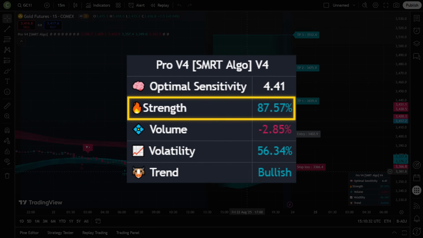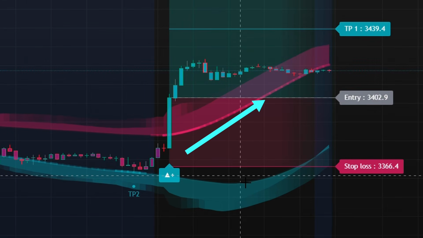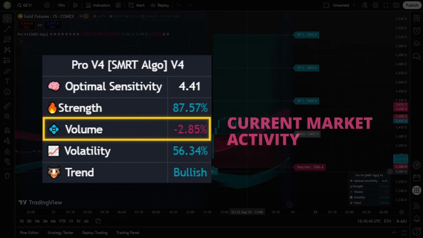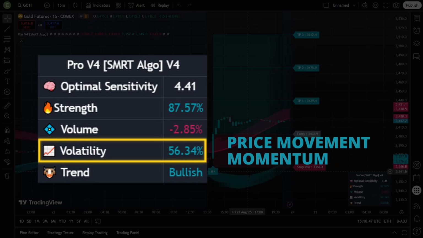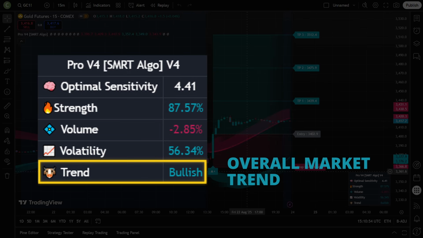Strength shows the momentum of the current market's trend. So, according to the indicator, the current market is in a strong uptrend. The volume metric indicates the current market activity, while the volatility metric shows how fast the price movements happen. Finally, the trend section shows the overall trend of the current market.